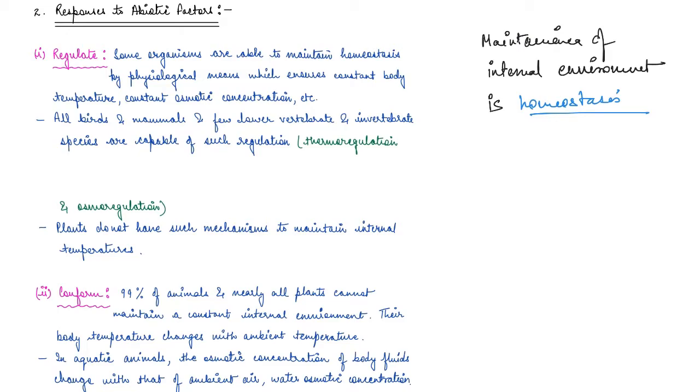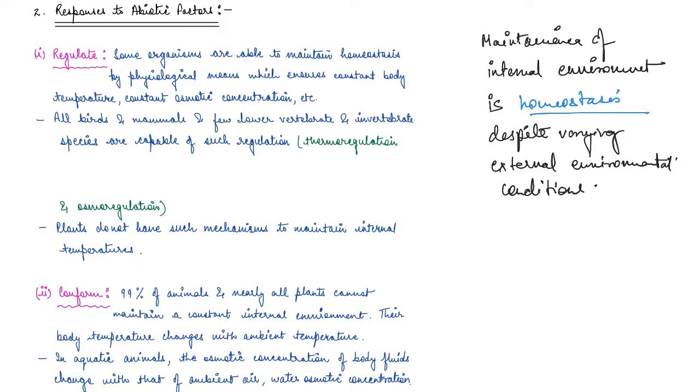So this happens despite varying external environment, right? So despite the varying external environmental conditions, there are organisms who maintain the internal environment, and this process of maintenance of internal environment is known as homeostasis, right?